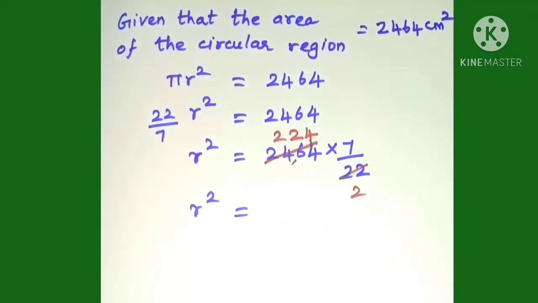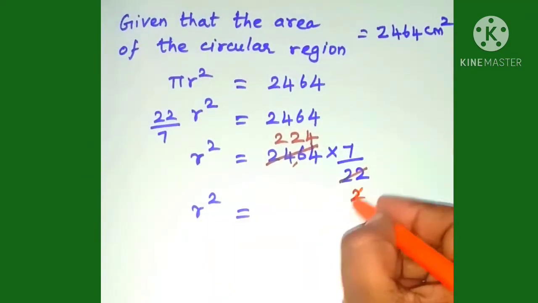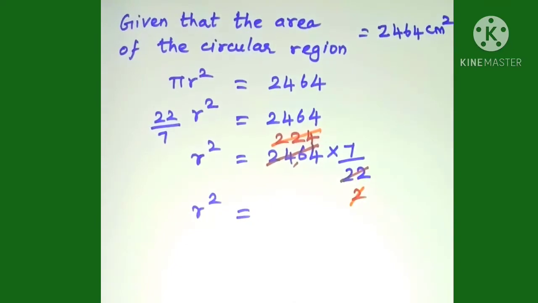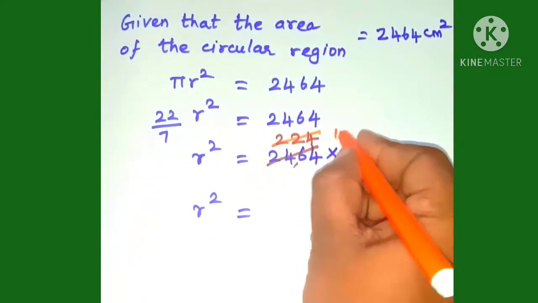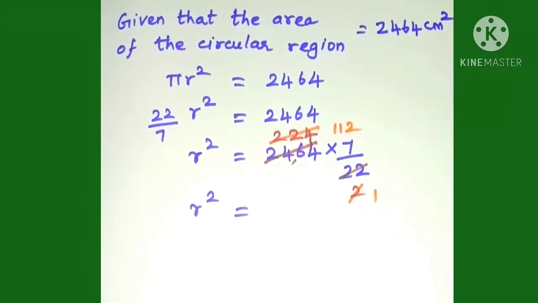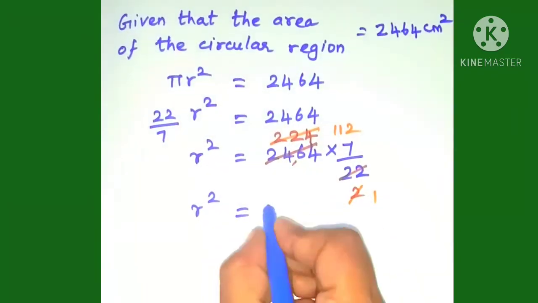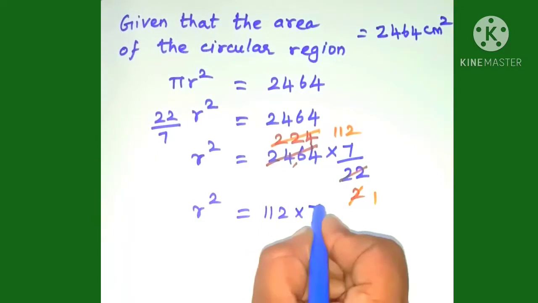So now again cancelling 2 and 224 by using 2 table. It is 1 time, and in the numerator it is 112. Now students, 112 into 7.